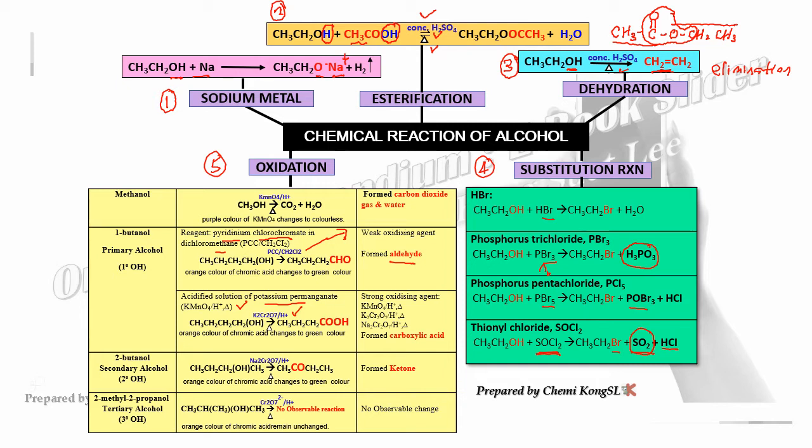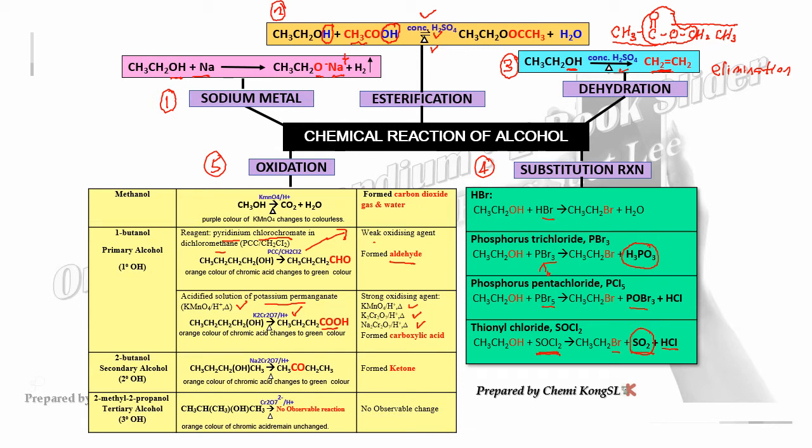The name is potassium dichromate, and then it will form carboxylic acid. So check for here. There are three examples of strong oxidizing agent: KMnO4, K2Cr2O7, and Na2Cr2O7. All will form carboxylic acid when the primary alcohol reacts with the strong oxidizing agent.